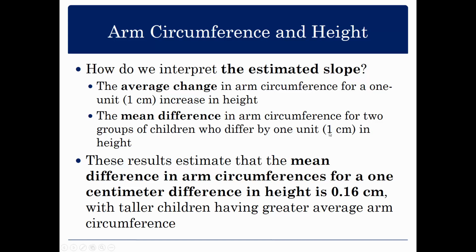If I want to use units different than 1 centimeter, I can multiply it by 10 and get the average difference in arm circumference for two groups of children who differ by 10 centimeters. And so it's just the beta 1 times 10. And so for the interpretation for this study, it's 0.16 centimeters. That's the average difference in arm circumference for those two groups, where one group is 1 centimeter shorter than the other.